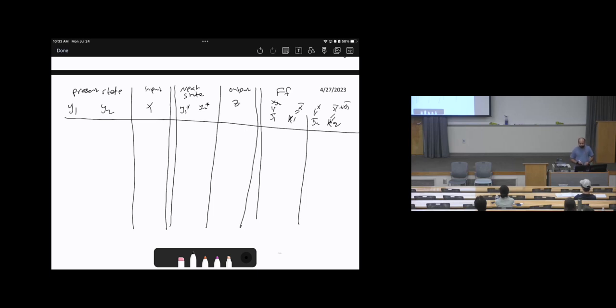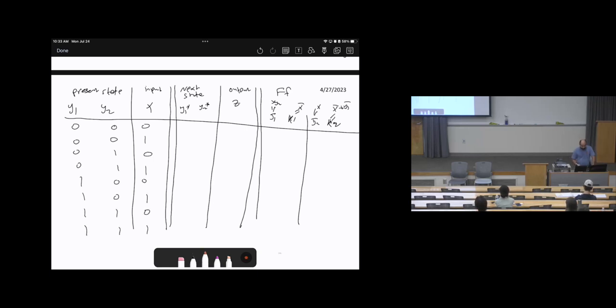Okay? Now, how can we construct this table? Again, make it as a truth table: 0 0 0, 0 0 1, 0 1 0, 0 1 1, 1 0 0, 1 0 1, 1 1 0, and 1 1 1.